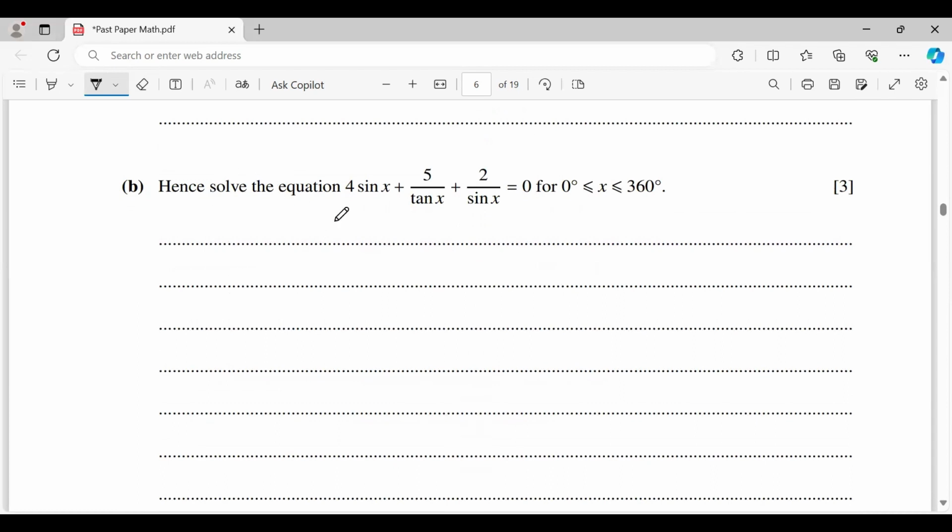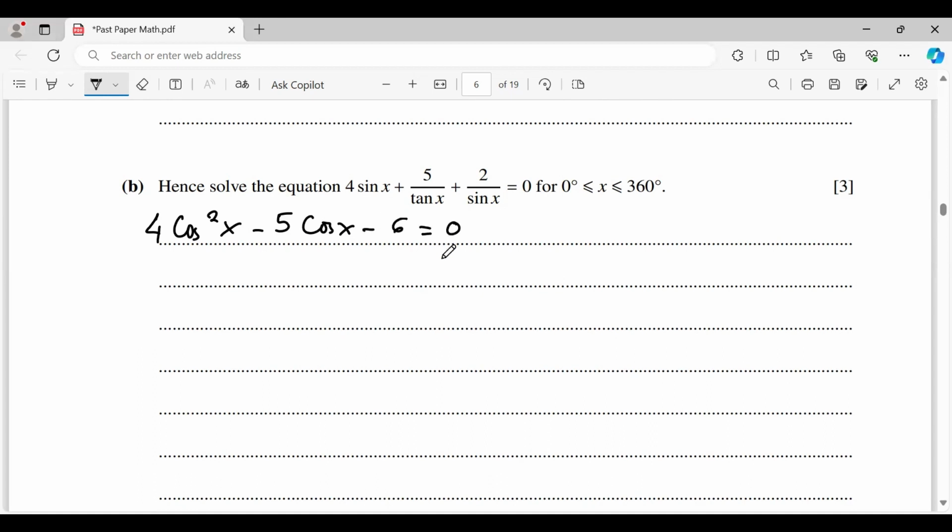Hence solve the equation 4 sin x plus 5 over tangent x plus 2 over sin x equals 0 for x in the interval from 0 to 360. Right, so this equation we already described as 4 cosine squared x minus 5 cosine x minus 6 equals 0.